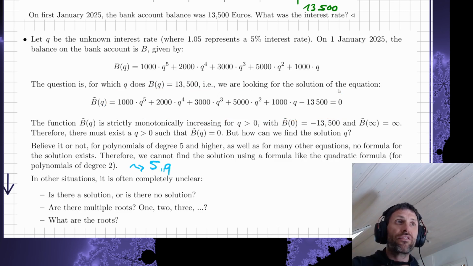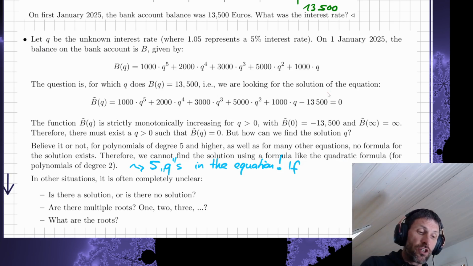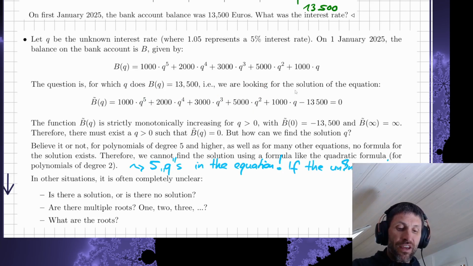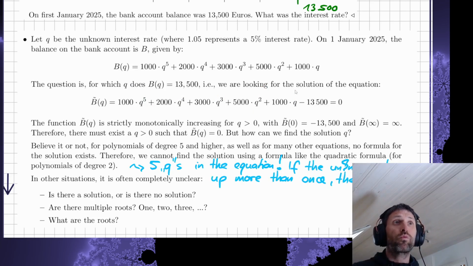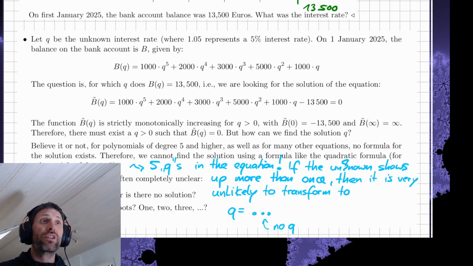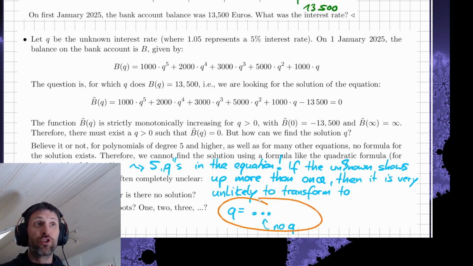Why? How can that be true? Because there are 5 q's in this equation. Count the number of q: 1, 2, 3, 4, 5 ones. And if the unknown shows up more than once, then it's very unlikely that it's possible to transform the equation to q is equal to something, where on the right hand side there's no q.